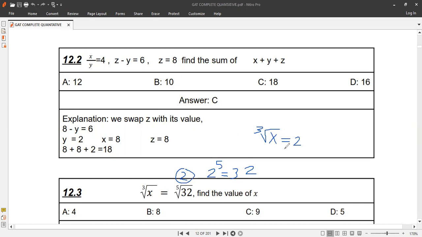If you cube the two sides, this side will become x, and this side will become 2 power 3, because if you cube this side, this will cancel the cubic root. So x equals 2 power 3, as I mentioned, 2 times 2 times 2, which is 8. 2 power 3 is not 6, it's 8.